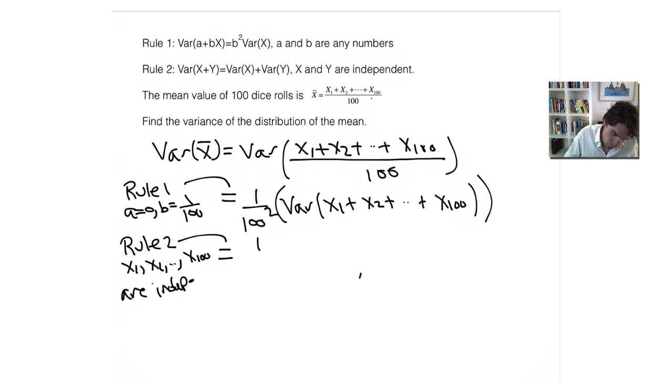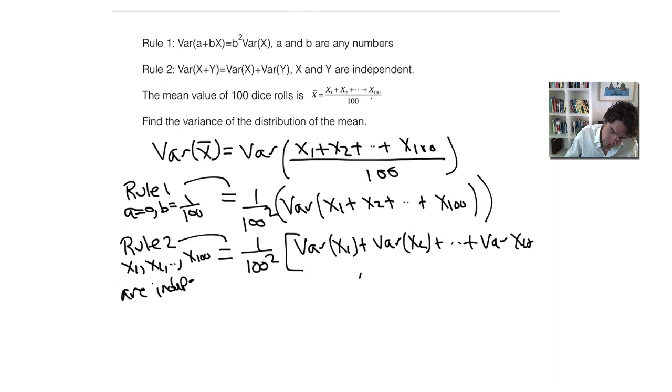So now it's going to be 1 over 100 squared times the variance of x1 plus the variance of x2 plus ... plus the variance of x100.